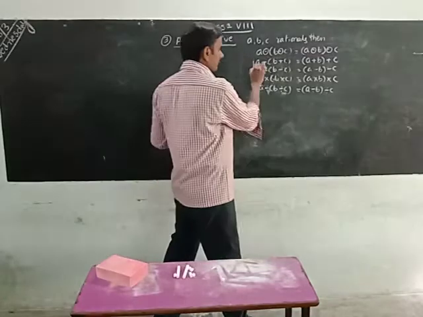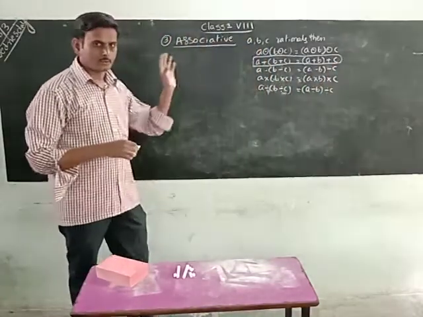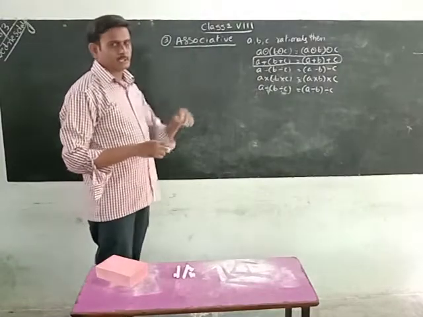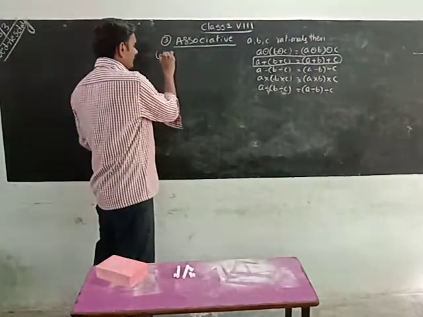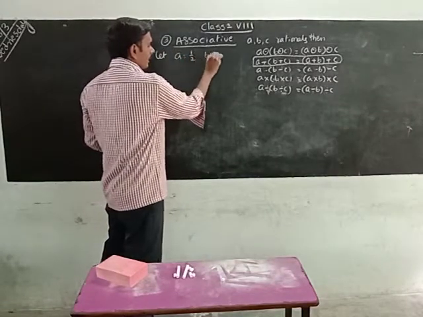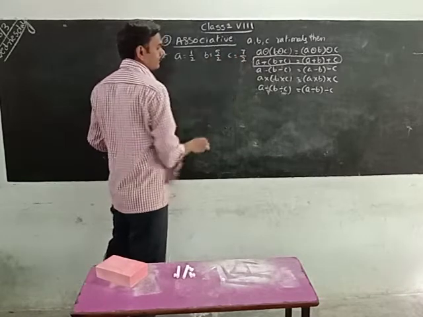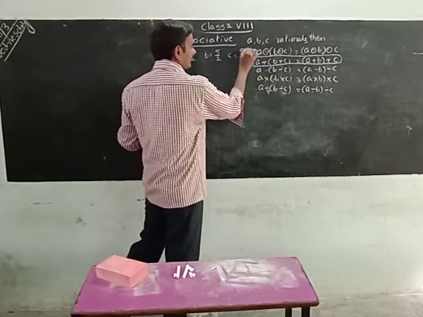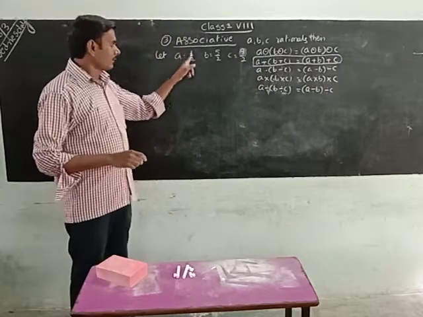But here I want to check only the plus symbol. So we check (A plus B) plus C equal to A plus (B plus C). Now I take three rational numbers: A equal to 1 by 2, B equal to 5 by 2, C equal to 9 by 2.